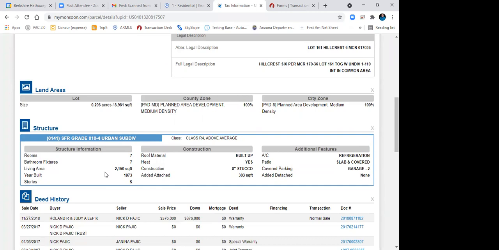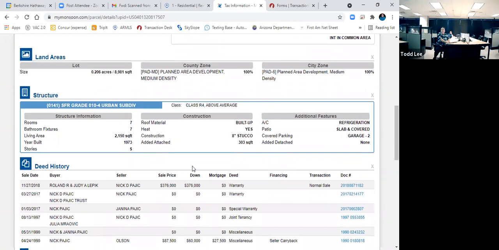It looks like there was an addition whenever they did that remodel inside and closed up the pool outside. So that little sunroom, the fireplace room, and that changing area off their master, that is an addition. Which I think is why it's that 2410.